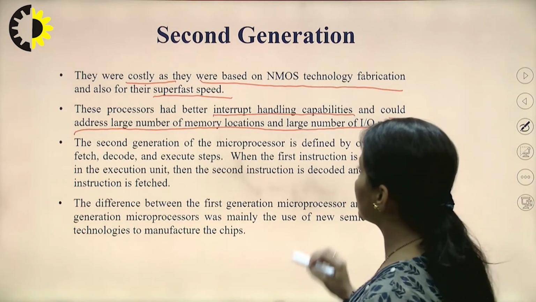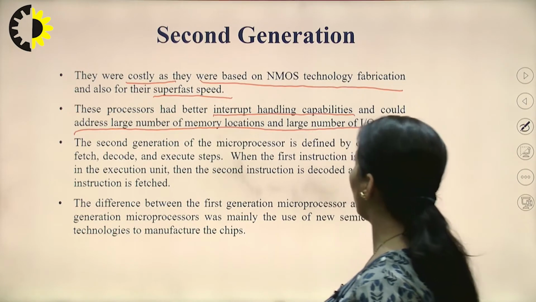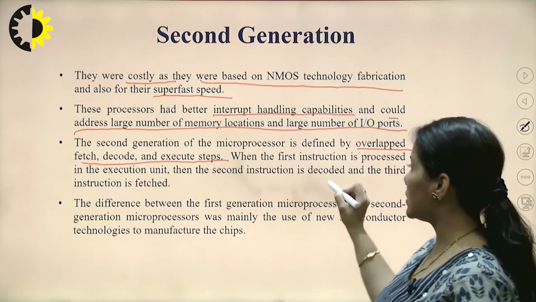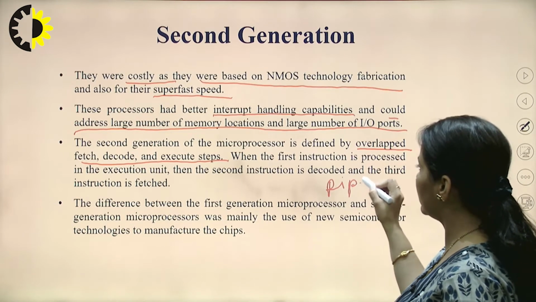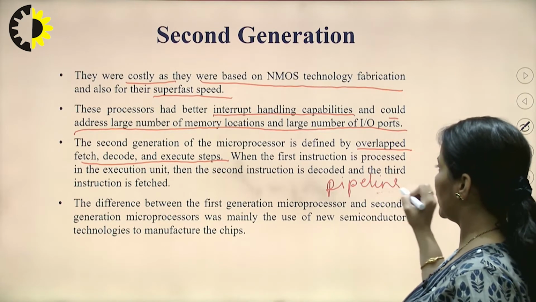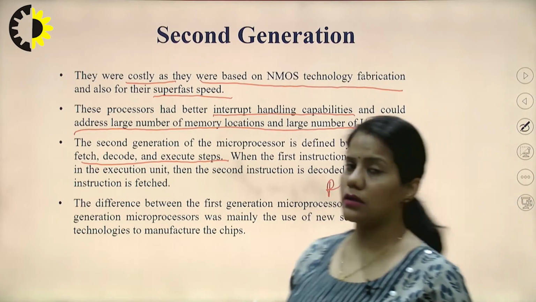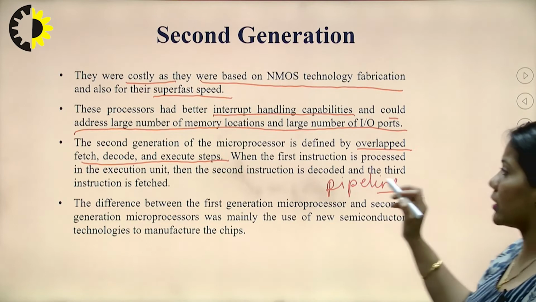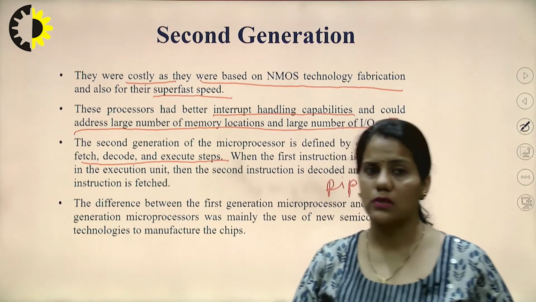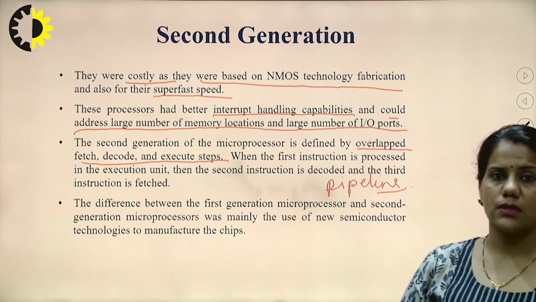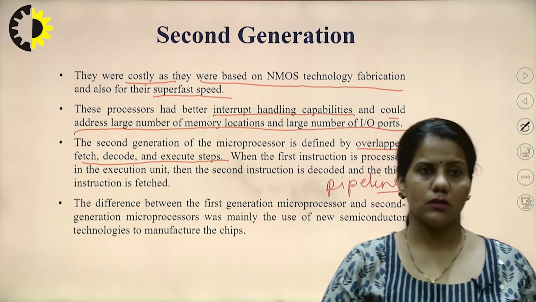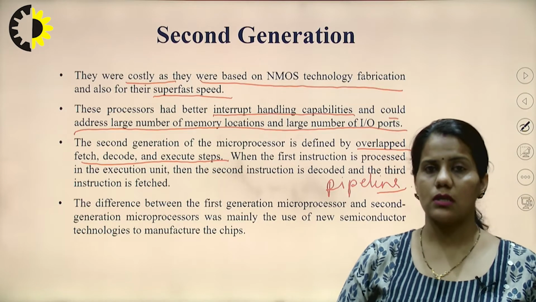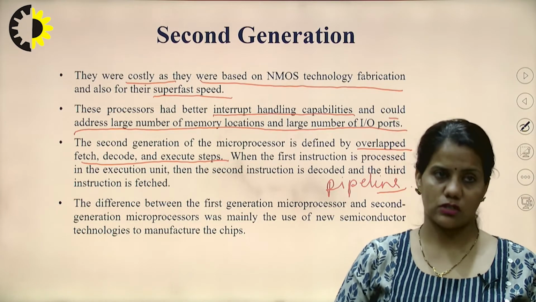The second generation of microprocessor is defined by overlapped fetch, decode and execute steps. That is, pipelining came into action. What is pipelining? The different instructions went through these processes like fetch, decode and execution steps in an overlapped manner. Means when the first instruction had already been fetched and was under the decode process, the next instruction could be fetched.